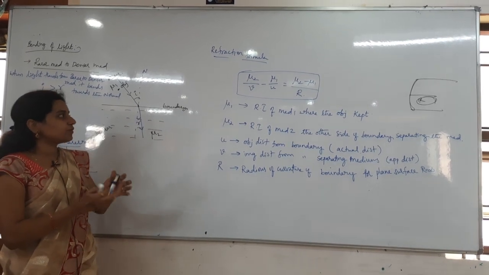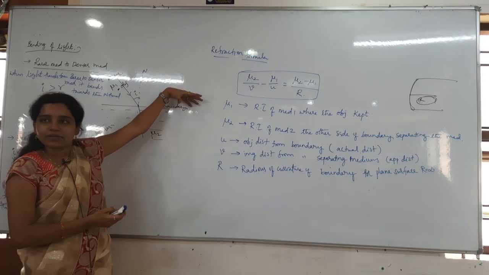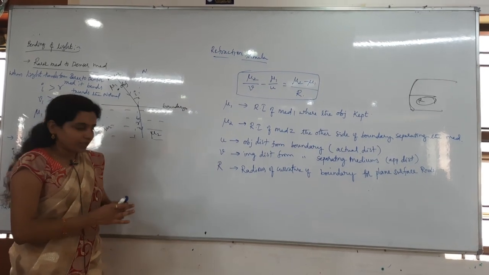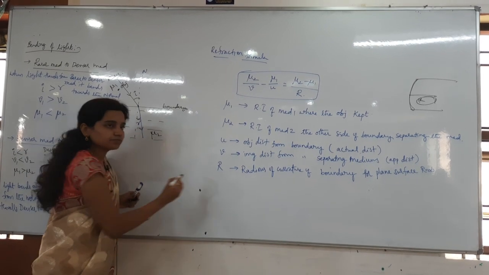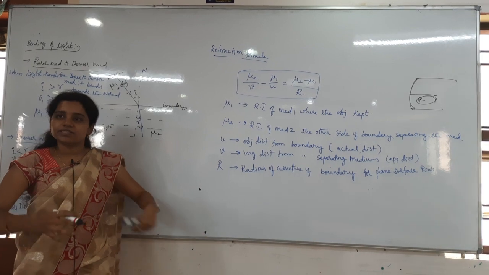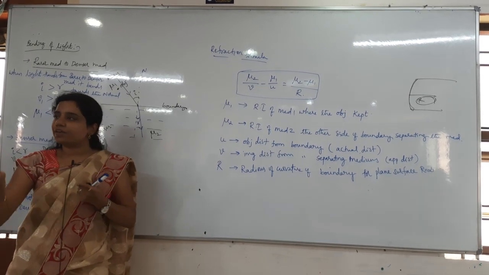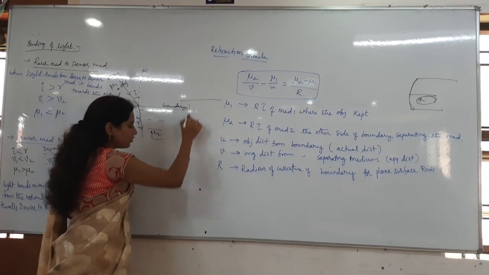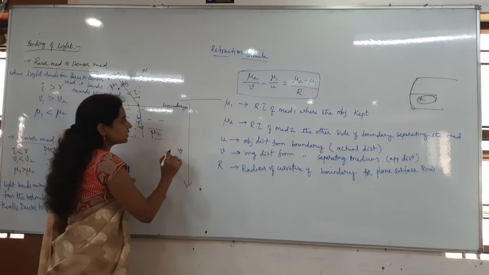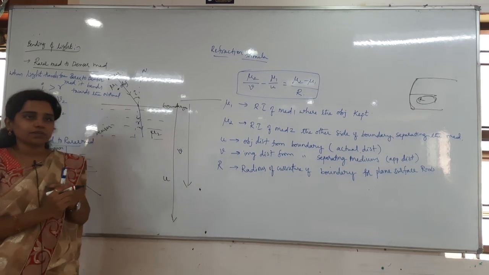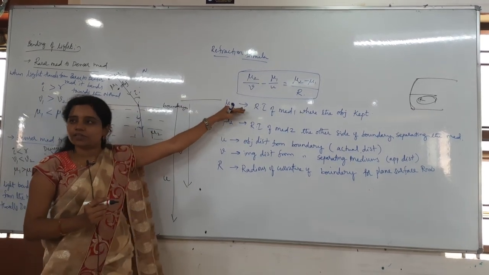Whenever I am looking from outside, I will not see the dot where it actually is, it will appear here. So this is the image, this is the object. It is appearing as an image, finally where we are seeing it, that is the image position. Whenever I consider this as the boundary, this is the image distance and this is the object distance. This is the surface of the boundary I have taken.